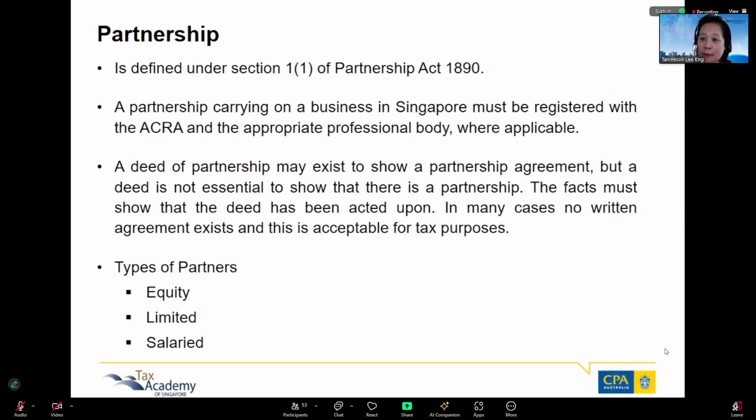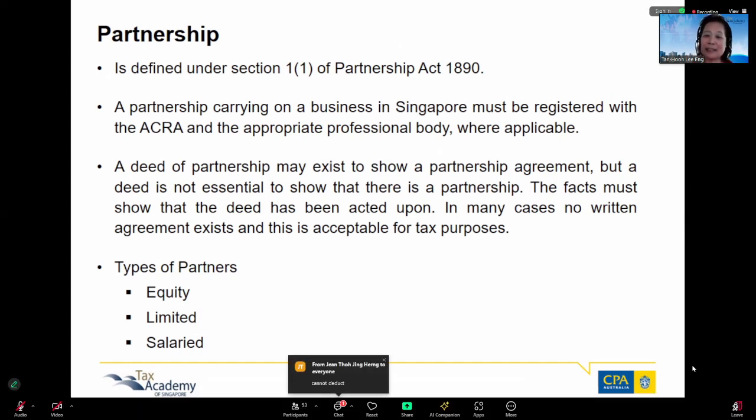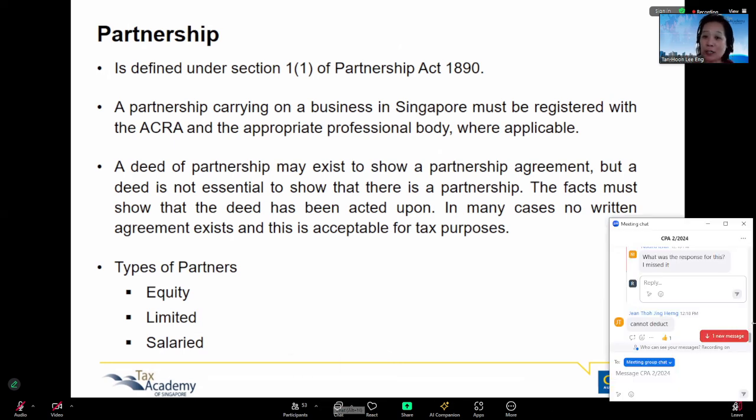But if you look further, you can see under Section 13(8), they do say that there are certain conditions which it can be exempted. It can be exempted under Section 13(8). If you want more information, because it's not covered in this topic here, if you want to know more information of foreign source income exemption, there's an e-tax guide in the IRAS website, which you can go and take a look. Okay.